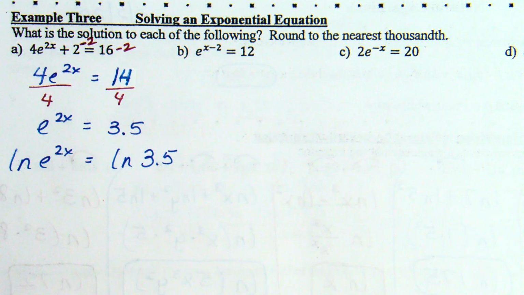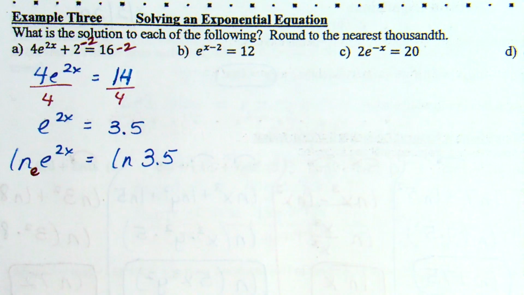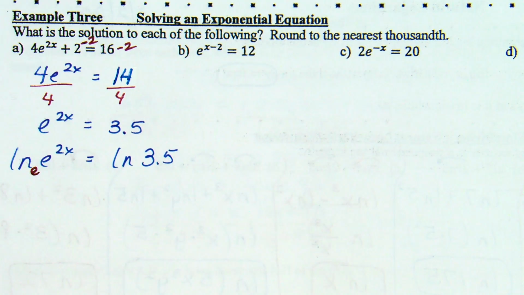What base is natural log? Natural log is base e. So if I write my invisible base in here, this is the log base e of e to the 2x. Do you remember a property there? Yeah, the identity property.